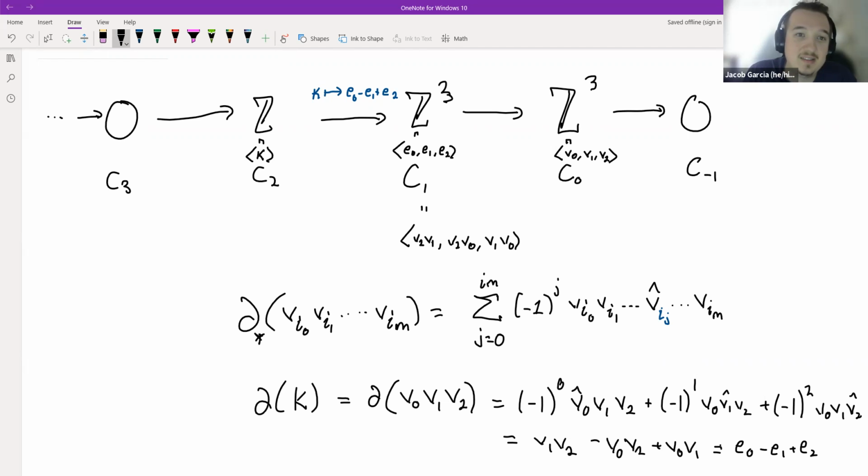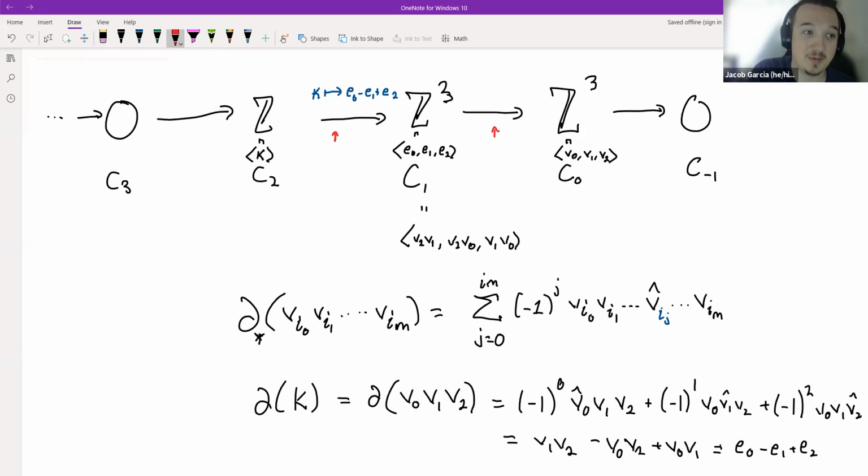So, okay, cool. This boundary map and this boundary map are the only interesting ones, right? All of the other boundary maps are just the constant zero maps.